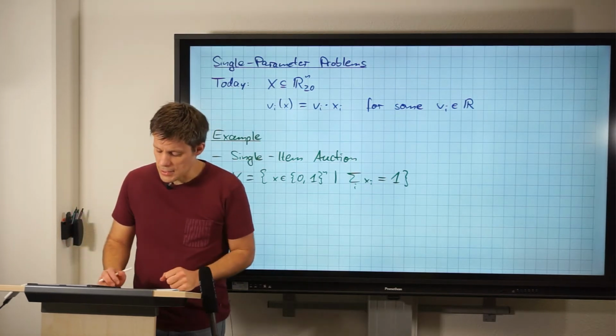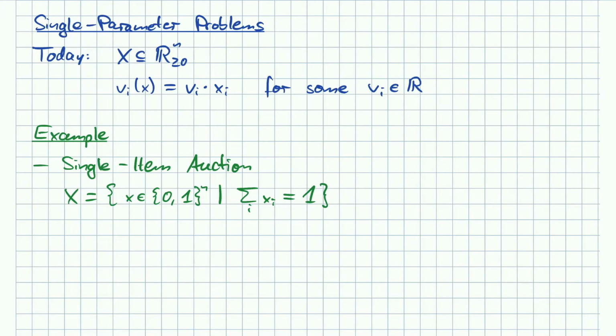But there are also other settings that we could capture. To mention just one simple example, we might have multiple identical items, which we'll also define this way.